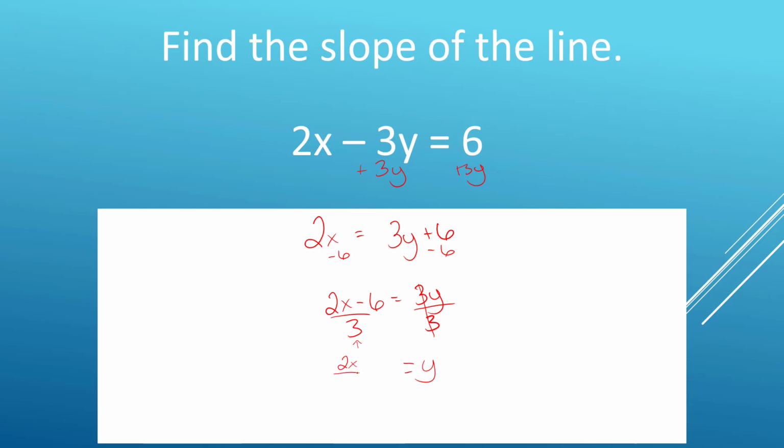So 2x over 3 minus 6 over 3, which we can clean up a little bit. y is equal to 2/3 x minus 2. Now we're finally in our y equals mx plus b notation, where I can see that the value in front of x, when we're in slope-intercept form, is an m value of 2/3.